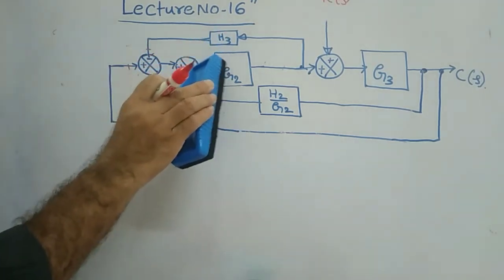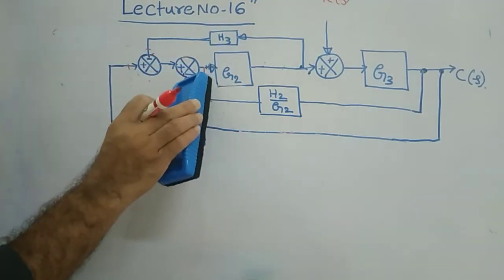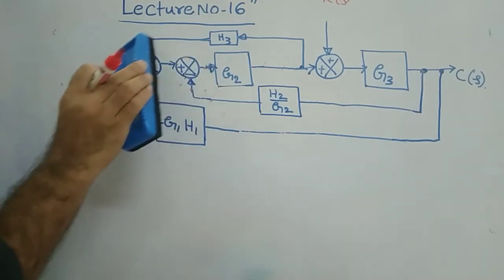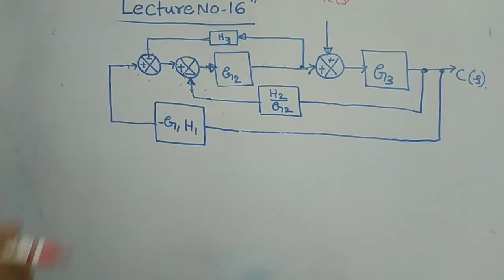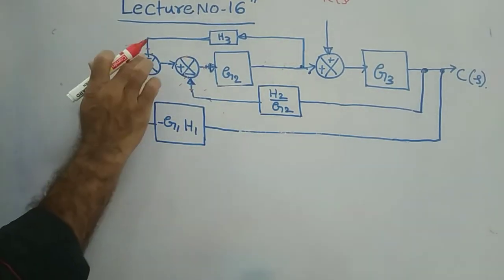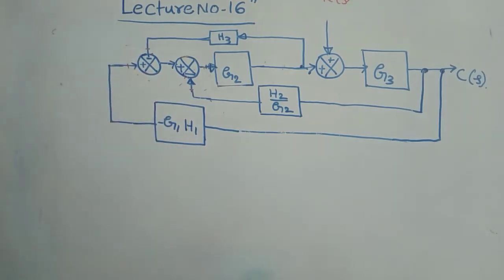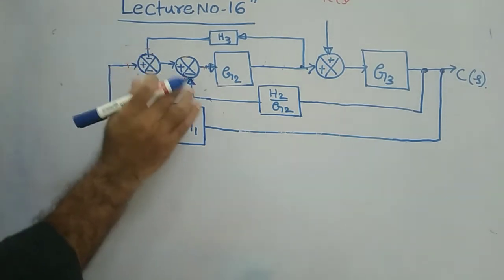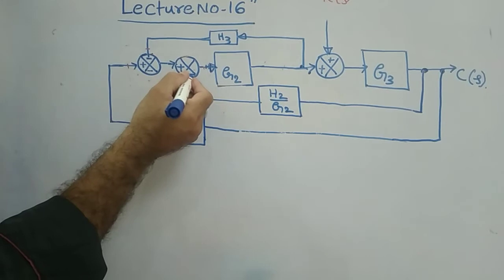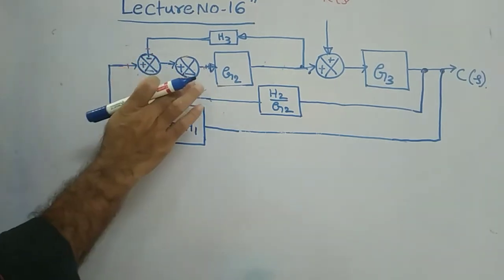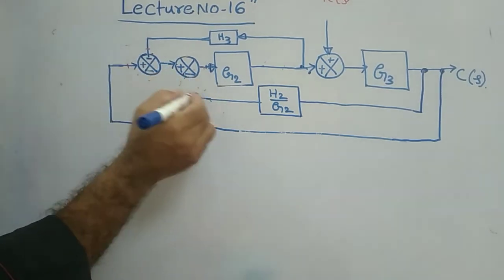What I will do, very simple, I will just write this as minus, because this minus symbol is there, I will put that minus here, and I will connect this connection to here.